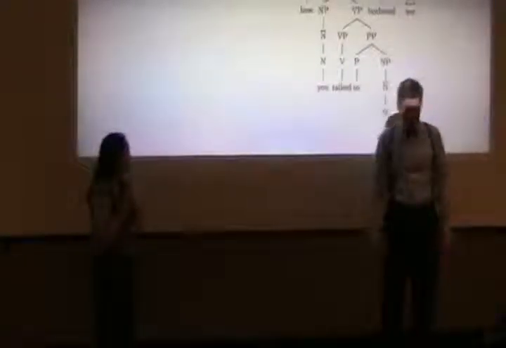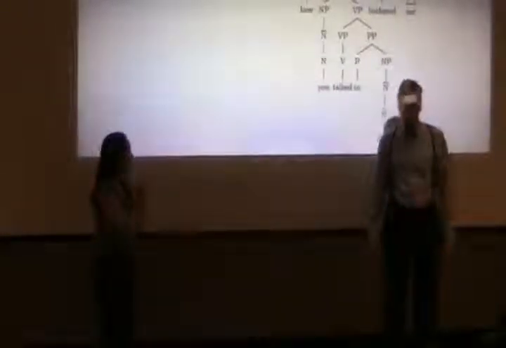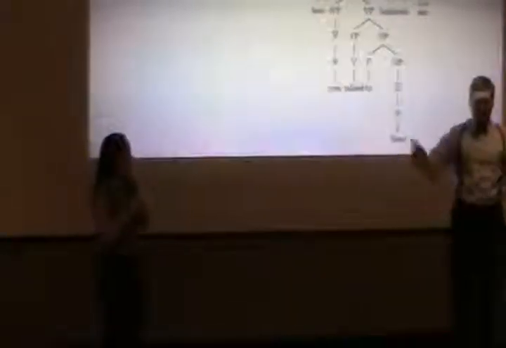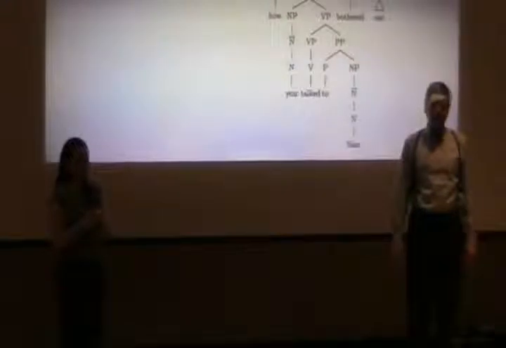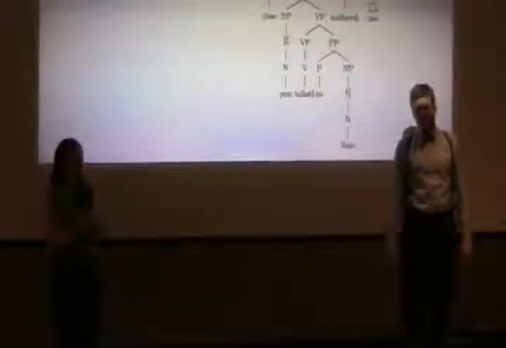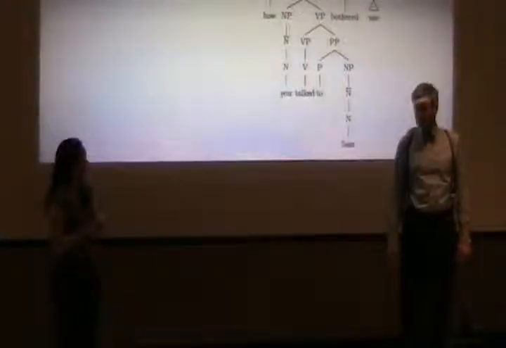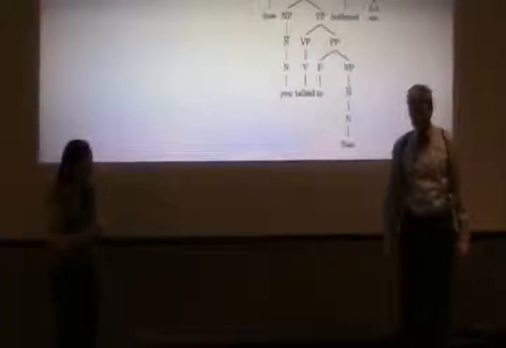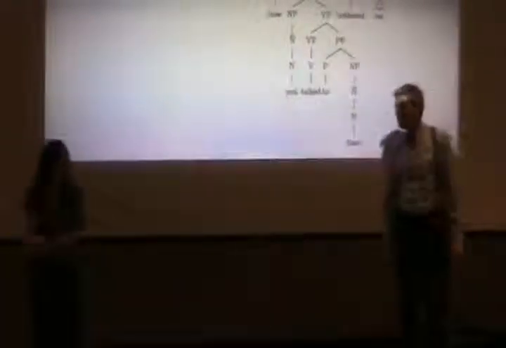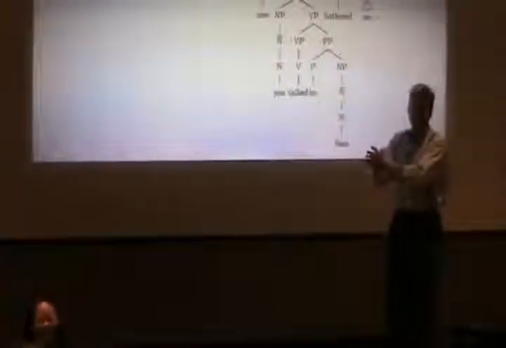How you talk to Sam really bothered Kyle. Okay, now say this sentence. She has now explained that how you talk to Sam bothers me. Did we do that right this time? Yeah. Thank you very much. Good question.